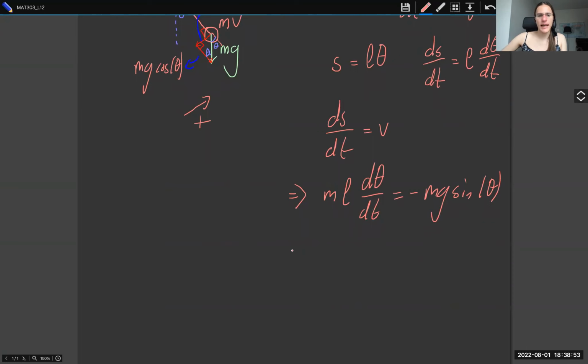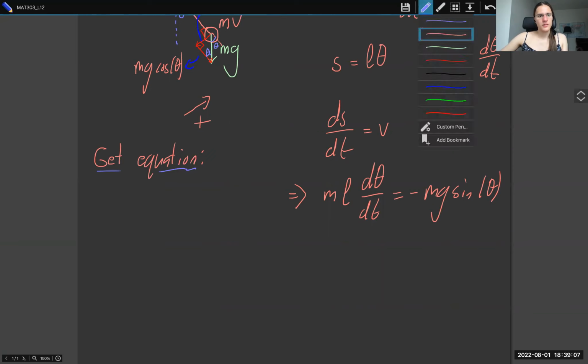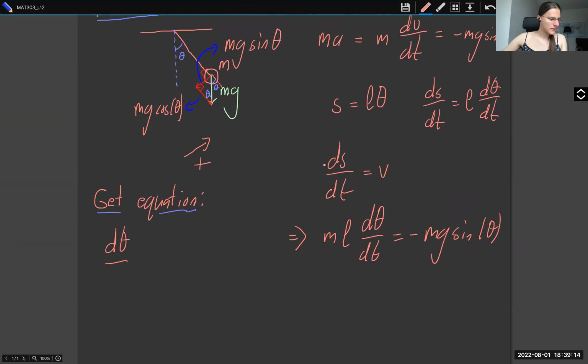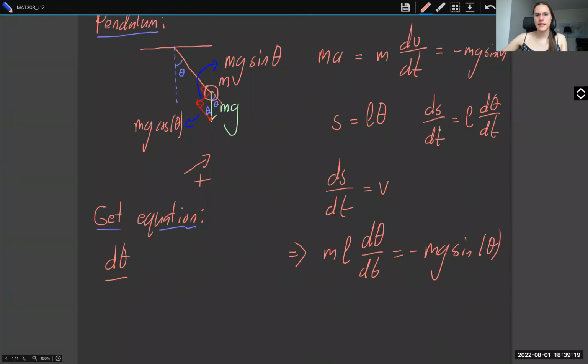So the equation that we get is d theta/dt. Sorry, acceleration is the second derivative, so I need to differentiate this once more. d squared theta/dt squared.